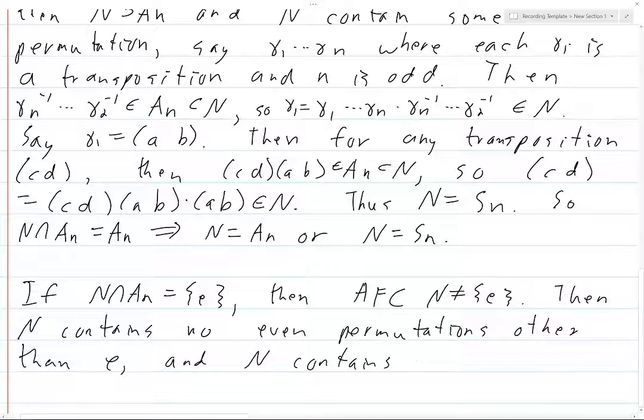And so N contains at least one odd permutation.